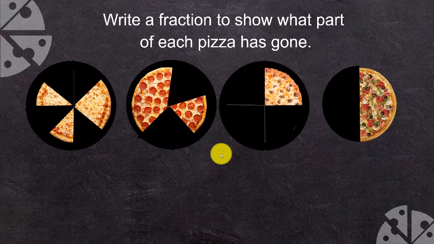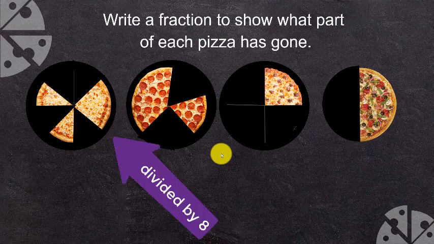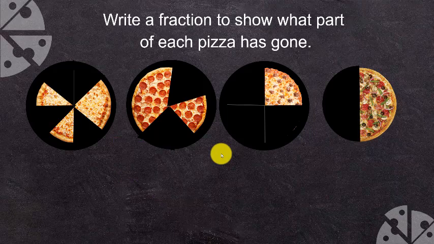What fraction shows what part of the pizza has gone? For example, I have 1, 2, 3, 4, and my pizza in this case has 8 parts, divided into 8 slices. My example is 4 over 8, 4 eighths. Good.